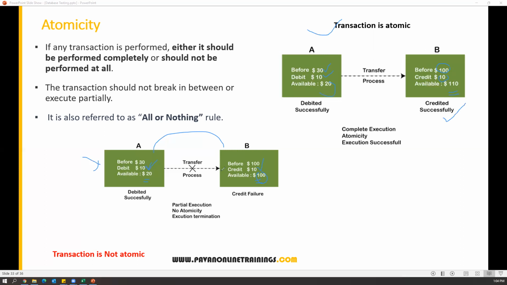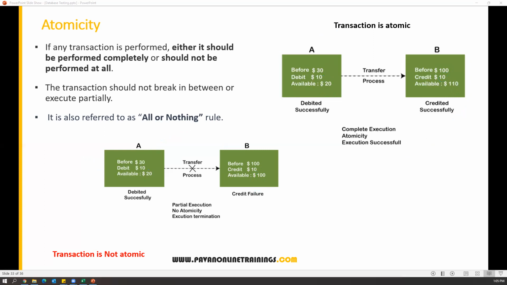Previously it was 100, plus $10, it should be 110. Here the atomic property is satisfied, but in the earlier example, where it stayed at 100, the atomic property is not satisfied. This is how we can test in the database whether our transaction supports atomicity or not.